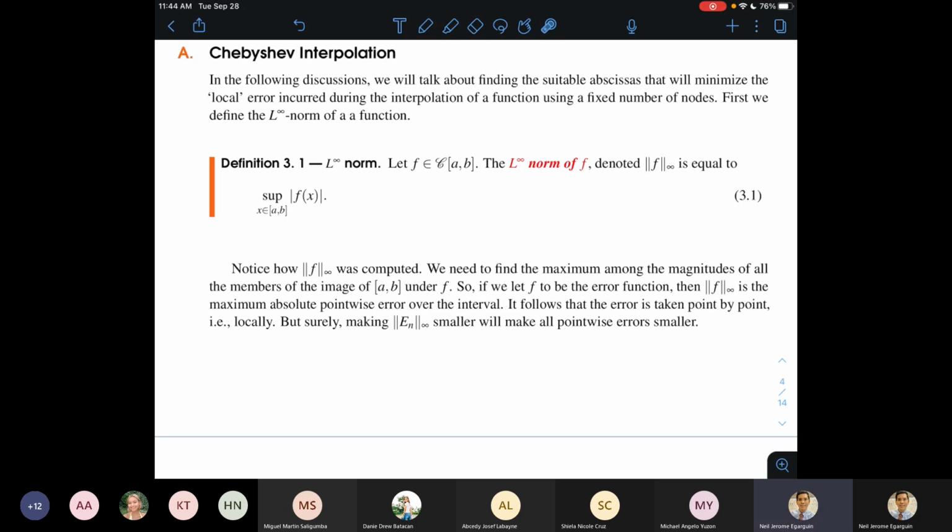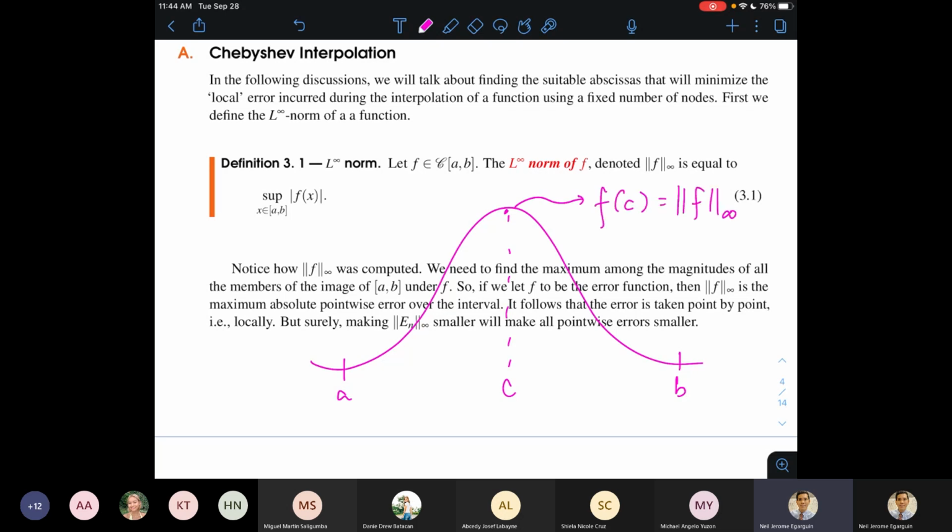Okay? So for instance, if your function looks like this, okay, and this is AB, then the supremum will be the value here. Kung ano man yung function value dyan, let's say a number c, then yung f of c, siya yung L infinity norm. Ano lang yung pinakamalaking absolute value over the interval AB.